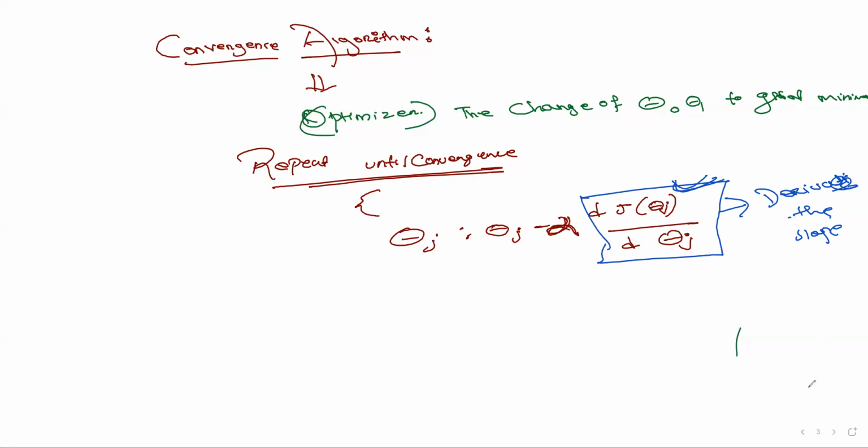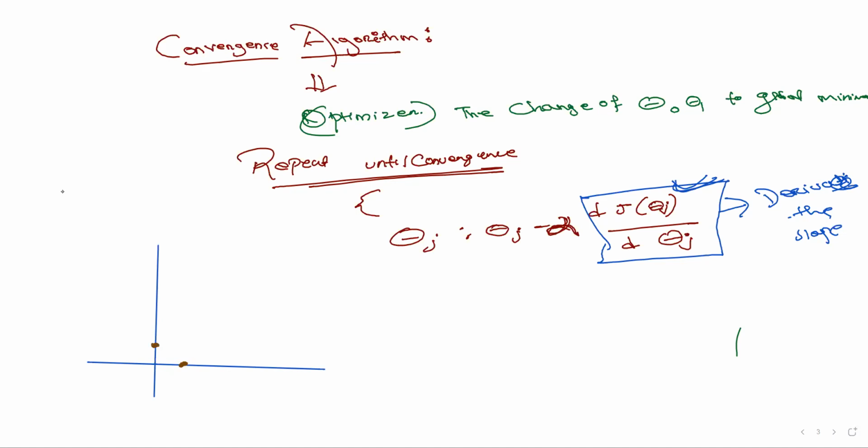Let us assume that I'm drawing one graph. Is it visible? Yes. So this is the graph. Whenever the theta value is changed, sometimes theta 1 is equal to this point 1, then the theta value will be 1.